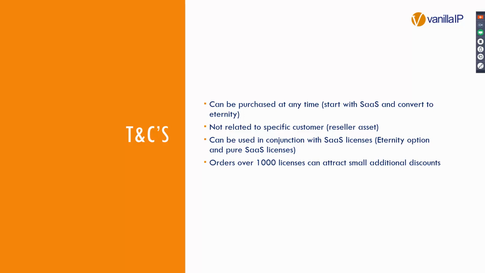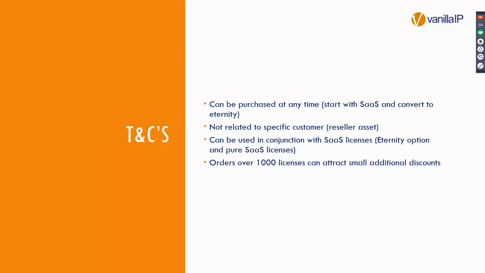These licenses are not specifically related to any individual customer. UBOS will control all of these licenses for you, and if you buy 100 Eternity licenses and some of your original customers are to leave, they will automatically be applied or underwritten against other charges being made to you for other customers on the base.